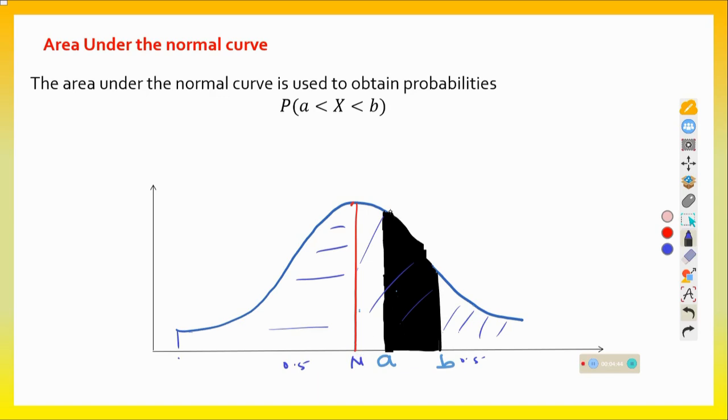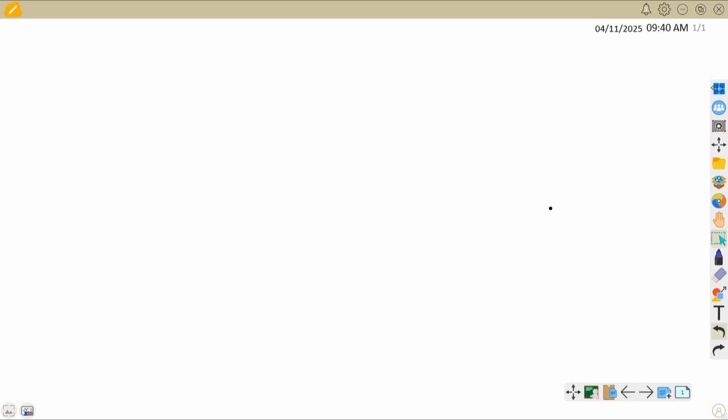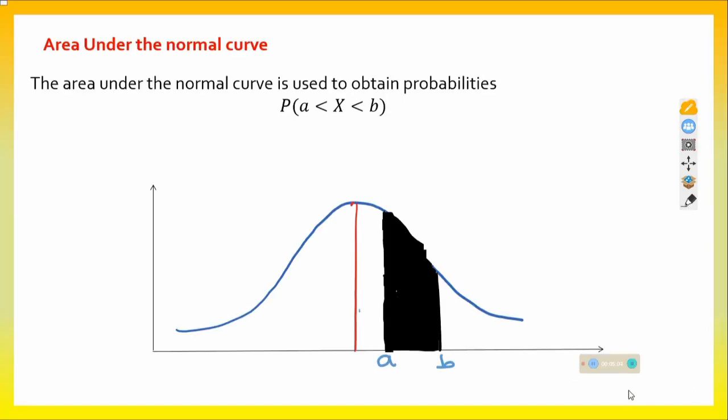Now it means that if you need P of A less than X less than B, you need this probability here, which is between A and B. You can easily obtain it from the normal curve, but we shall see how best we can obtain that.